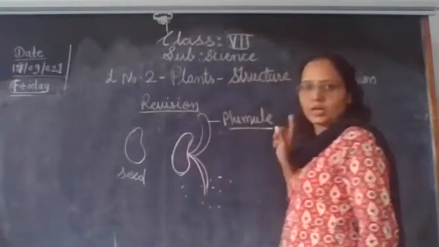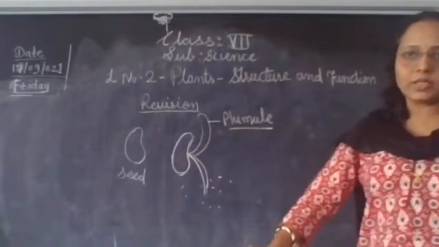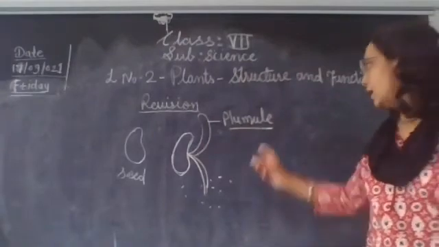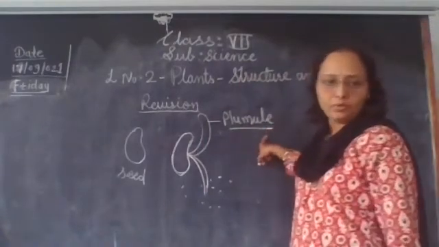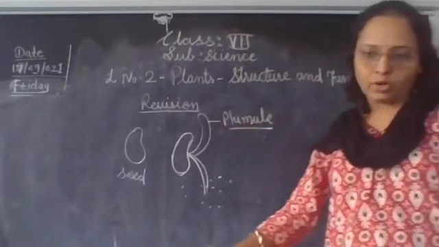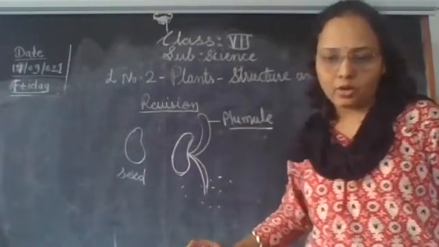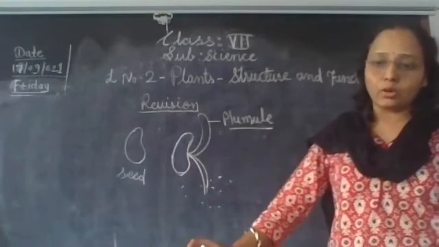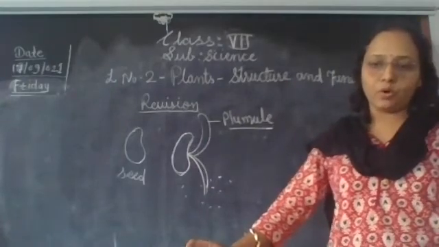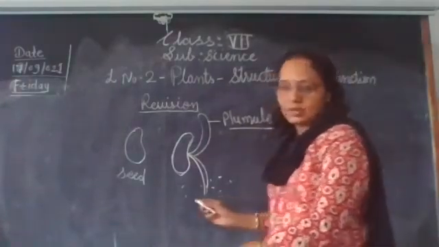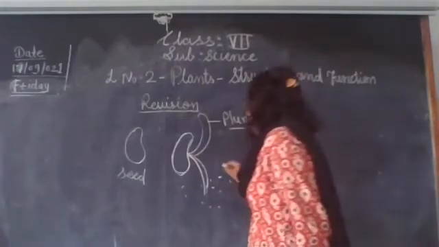This portion that grows above the soil, towards the sunlight, is the plumule, and the part of the plant growing below the soil for support is called the radicle.